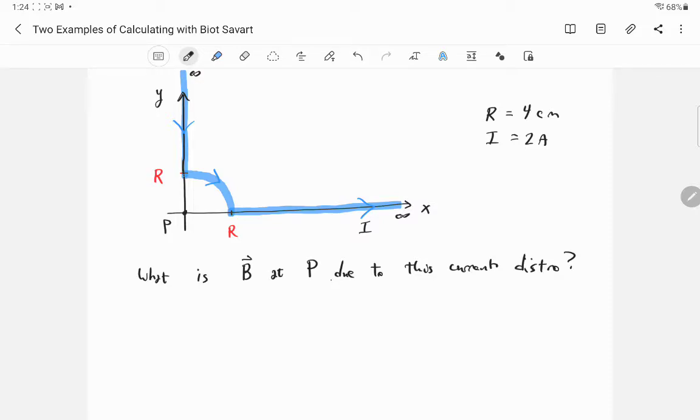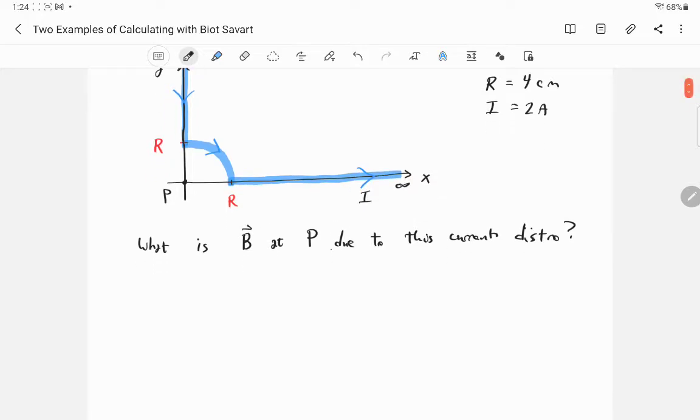The wire with this sort of circular curved bend in it is infinitely long, but there is a finite current along it. The current's the same everywhere along the wire. It comes in from positive infinity on the y-axis and goes out to positive infinity on the x-axis. And we want to know what's the magnetic field at the origin due to this current distribution.